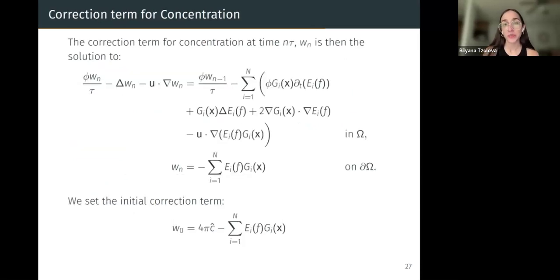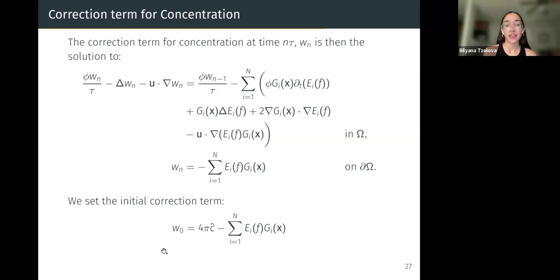So the correction term for our concentration at time n tau is given as follows. Here again, our boundary value is going to be so that our concentration is equal to 0. Our correction term just has to balance out with the first term that captures the singularity.